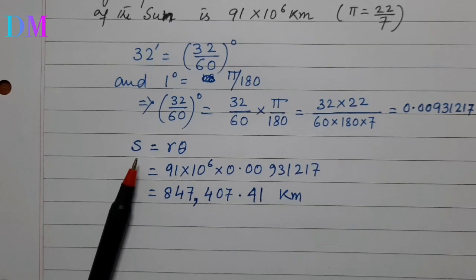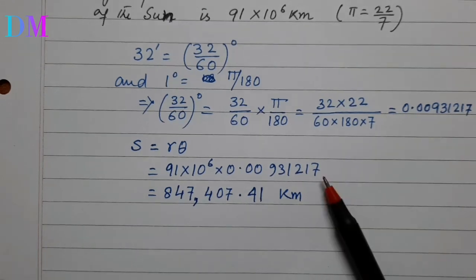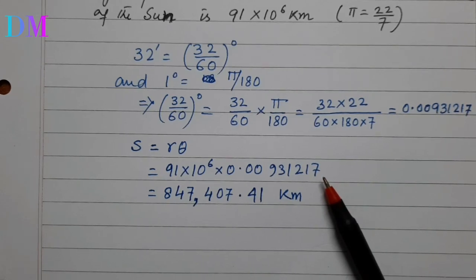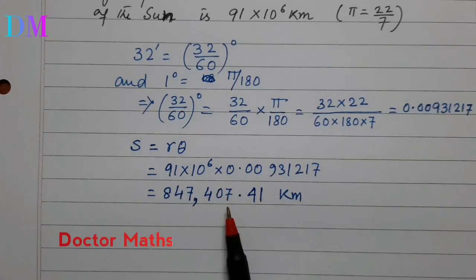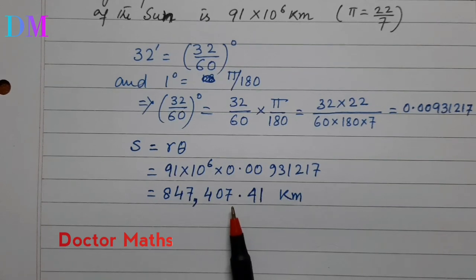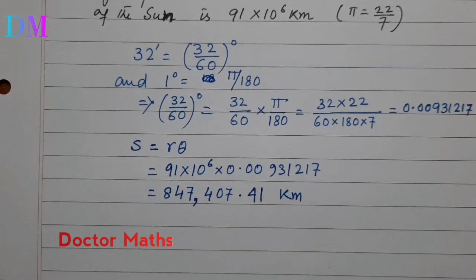Since we know that S equals r theta, here theta equals 0.00931217 radian and r equals 91 into 10 to the power 6 kilometer. So after multiplying this, we get 8,47,407.41 kilometer.